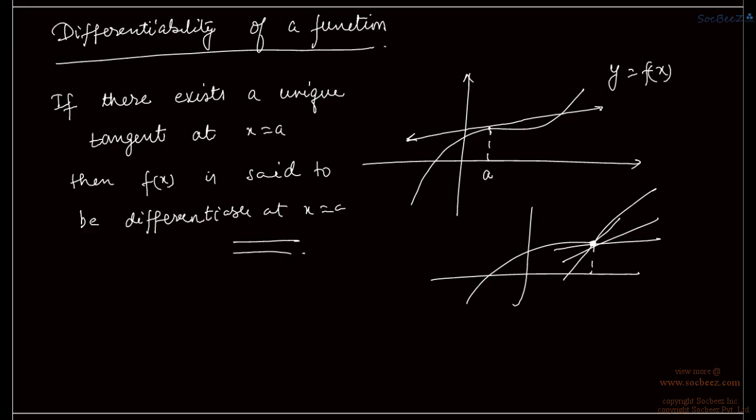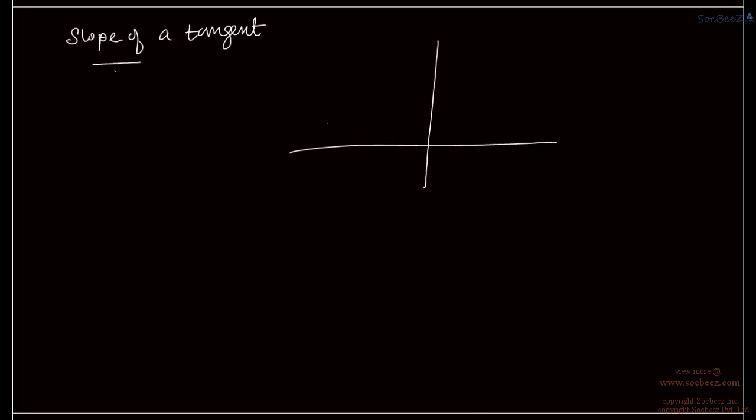So how to check the differentiability of a function? Let us find the slope of a tangent. If the slope is unique, then we call the function differentiable at that point. So we have to check the slope of a tangent, right? Say this is a function y = f(x).